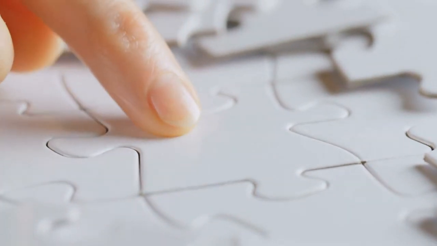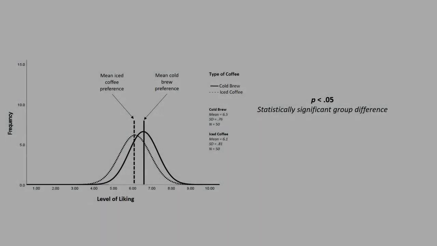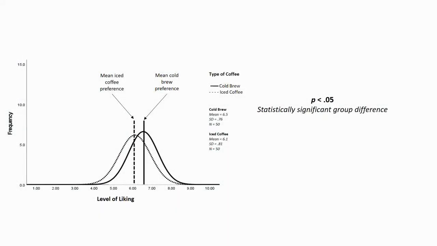Now, let's put everything you know about these differences together to help Charlie decide which coffee to sell. There was a statistically significant difference between how much people like cold brew and how much they like iced coffee. People seem to like cold brew more. That difference has a small to moderate practical significance.